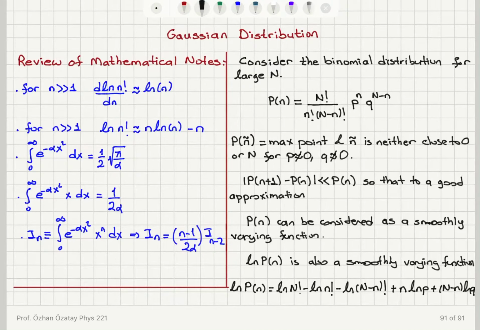And furthermore, when I'm at the maximum point, n is n tilde, which implies this is an extremum point. So if you take the derivative dP/dn, you should be getting 0. Or if I consider the derivative of the natural logarithm of P with respect to n, that is 1 over P dP/dn. If dP/dn is 0, this is also going to be 0 at n equals n tilde, the maximum point of the distribution.